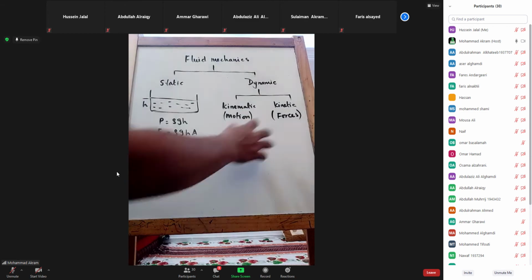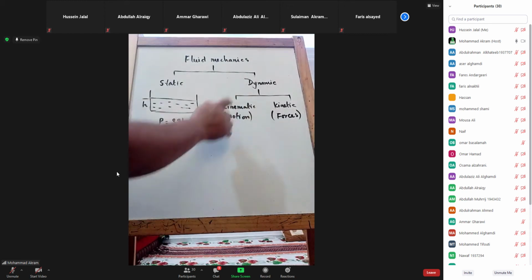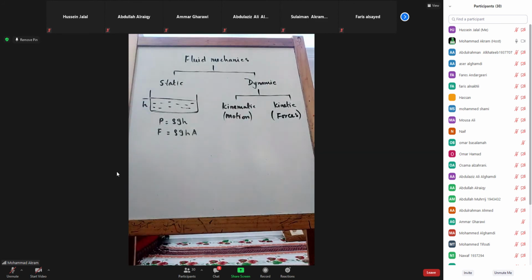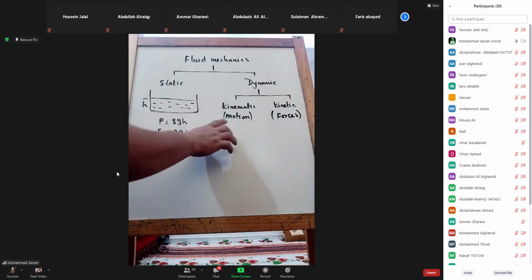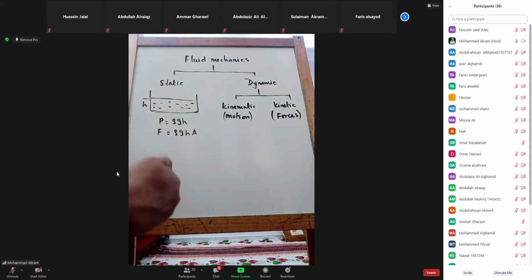Whereas in kinetics we have the analysis of forces. When we study dynamics, that means we will study both motion and forces. If we say only kinetics, then it will be related to the forces causing motion, whereas kinematics means types of motions.